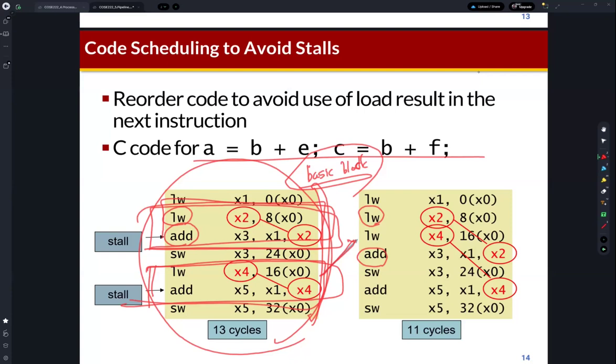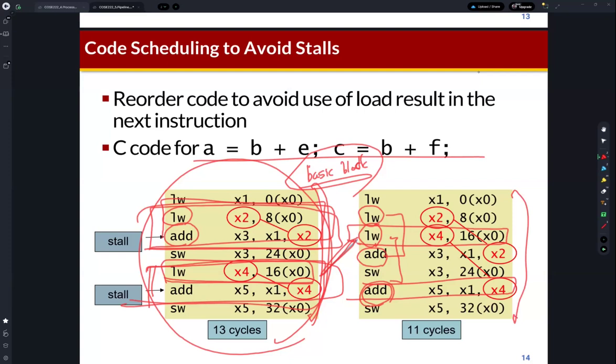In this example, a compiler changed the order of this load instruction, inserting this load word between the load word and add instruction. You can find that the distance between this load word and add instruction is increased. By doing this, we can avoid the load-use data hazard, and inside of the basic block, this code will generate the correct result.